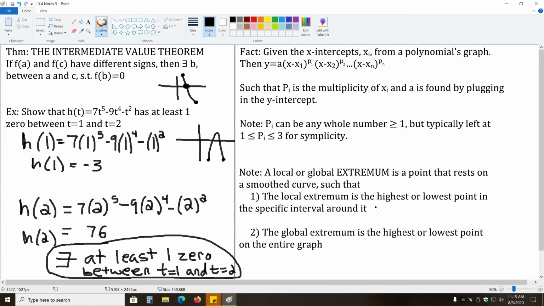So, for instance, if we have this parabola shape here, this is a local extremum. We call this a local minimum. And then if we have a downward facing parabola, this point here is a local extremum. It is the local maximum.